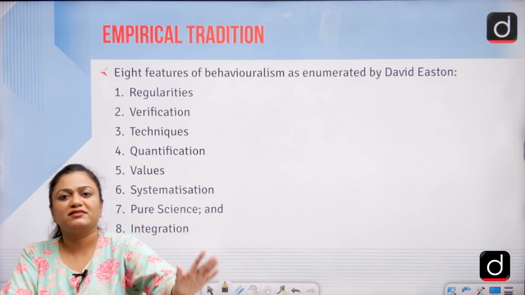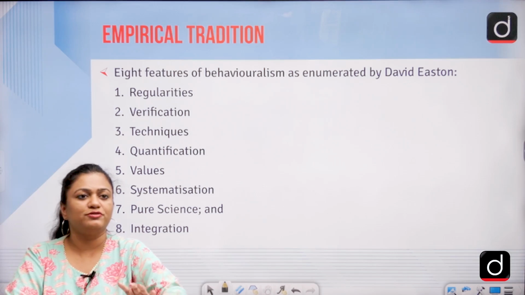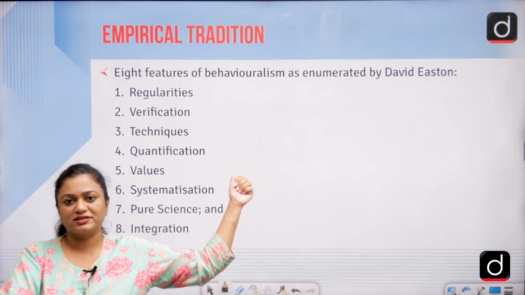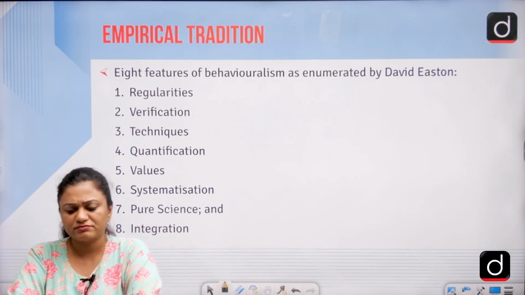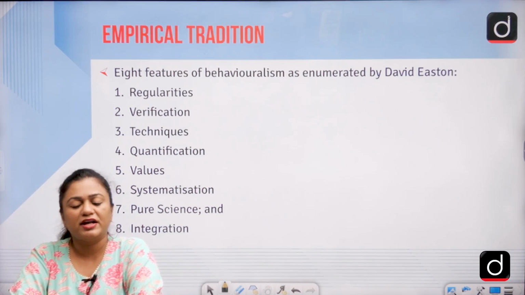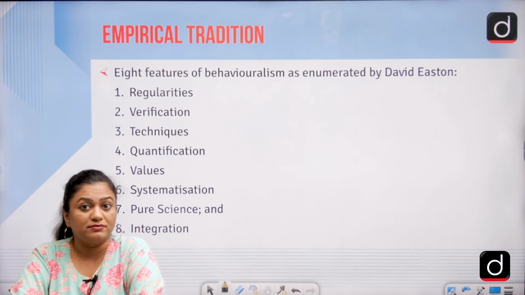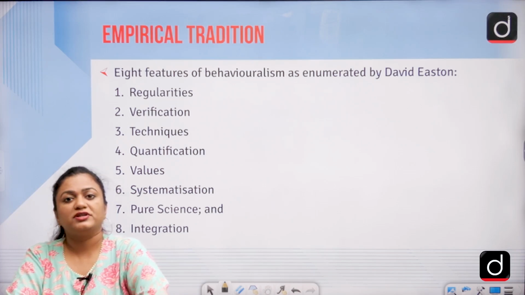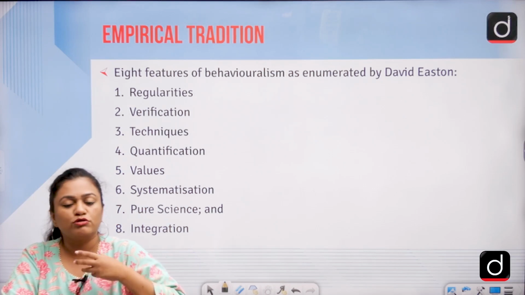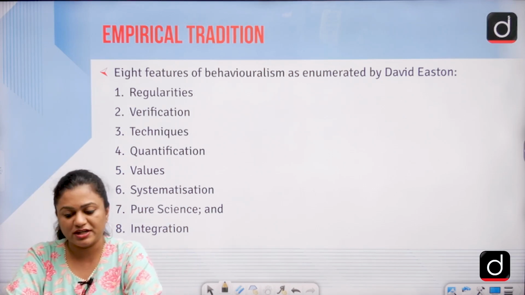You cannot just predict the political phenomenon, but you have to think in terms of the uniformities as well as the pattern. So there is a need for regularities. Okay, verification. It requires that the validity of such theory statements must be testable. Those things which you are saying should go through the process of verification.